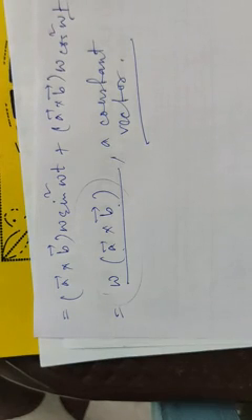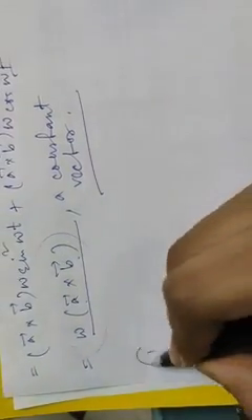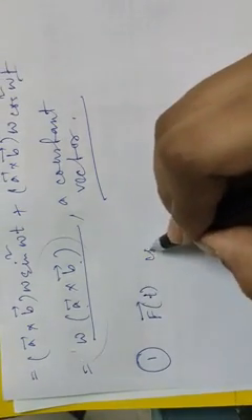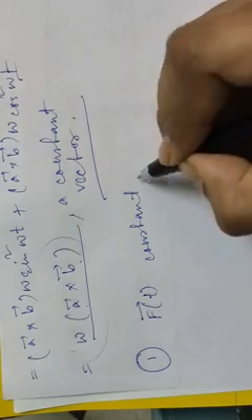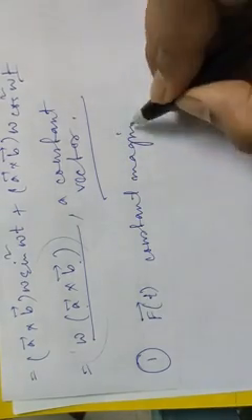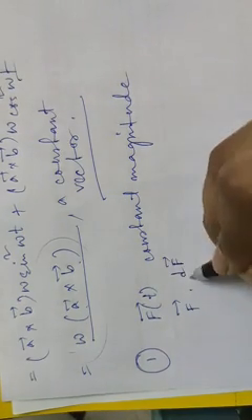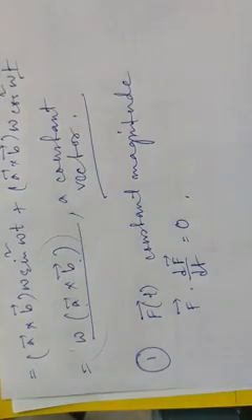Apart from this example, we have two standard theorems, two necessary and sufficient conditions which will be needed. Number one: when a vector function f(t) is of constant length, that means its magnitude is constant, then f dot df/dt is 0.